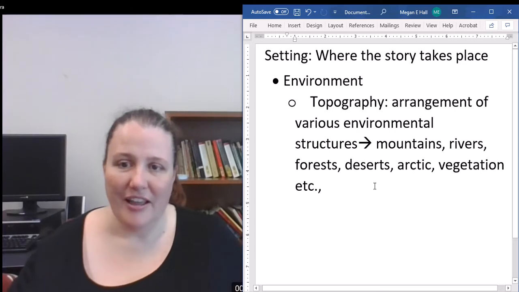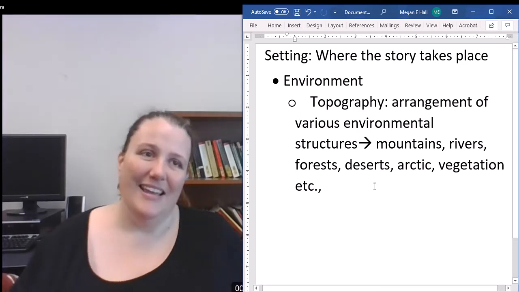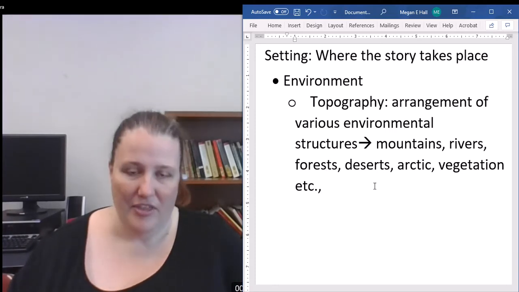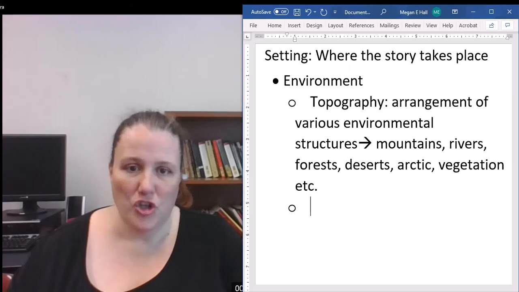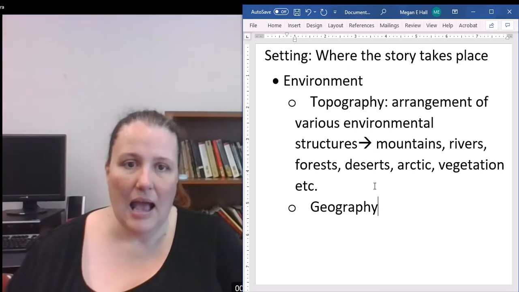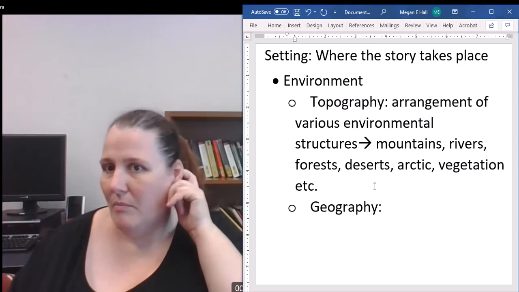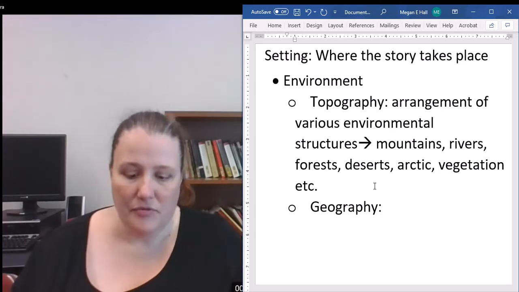What do the trees look like? What do the mountains look like? Where is the mountain in relation to the river? That kind of thing. Geography has a lot of different components. Geography is kind of the study of the world and the environment and the atmosphere, that kind of thing.